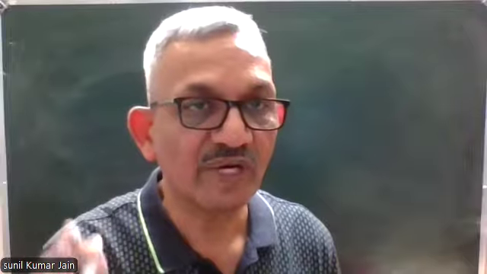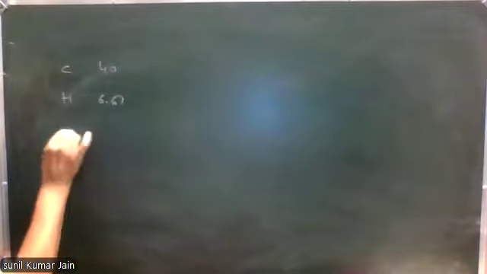So in short, I can say it contains carbon, hydrogen. Carbon is 40%. Hydrogen is 6.67%. It means leftover is oxygen. This will be 46.67, 53.33.